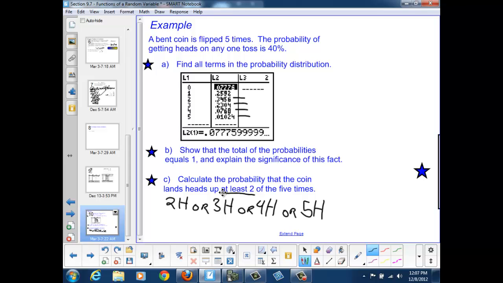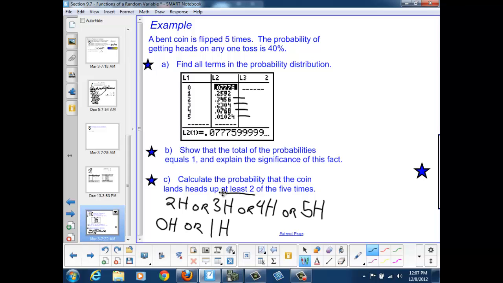But another way I could do it is to think about the complement to this. Since the complement is everything that's not included in our original event, that would be 0 heads or 1 head. So I could add up 4 values, or I could just add up 2.